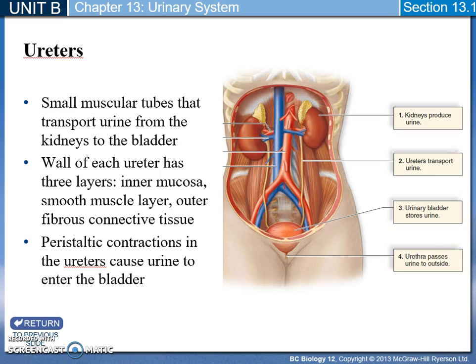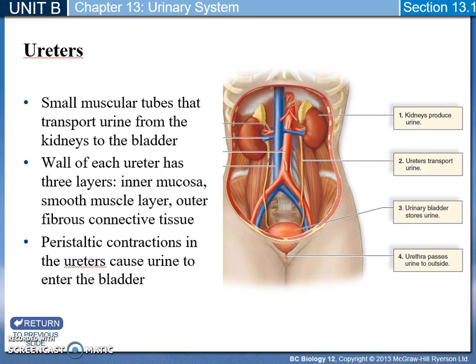The ureters are fairly narrow. However, they do extend right from the kidney to the urinary bladder, and they transport urine from the kidneys to the bladder, obviously. The wall of each ureter has three layers.